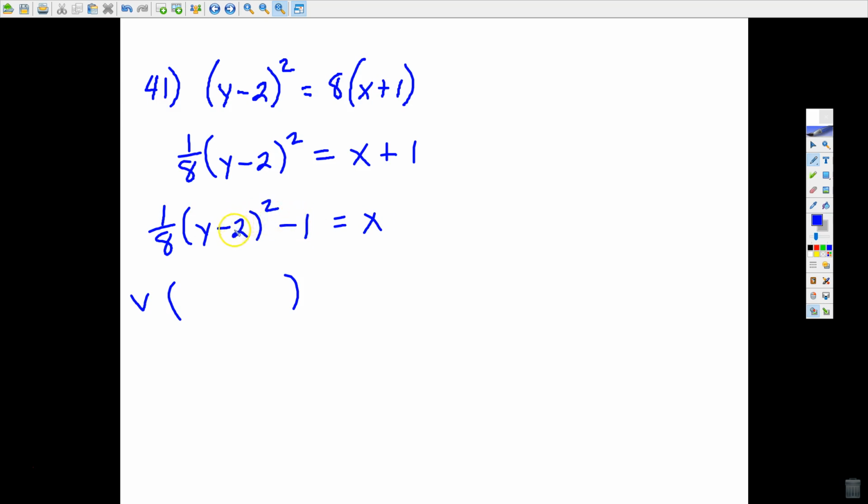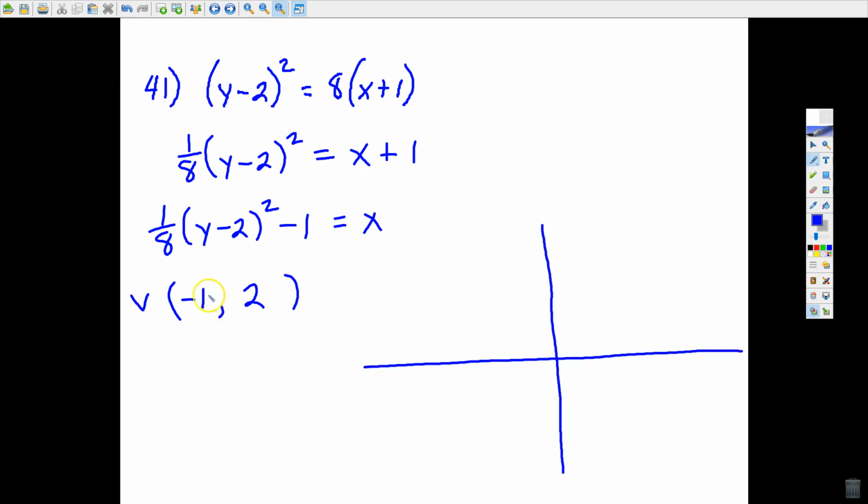This is a little tricky for some people. The vertex is actually going to be negative 1 for the x coordinate and positive 2 for the y. We ran into that a little bit in yesterday's lesson. Okay, so on your graph paper, we'll just sketch as we go. I'm going to go ahead and plot the vertex negative 1, 2.